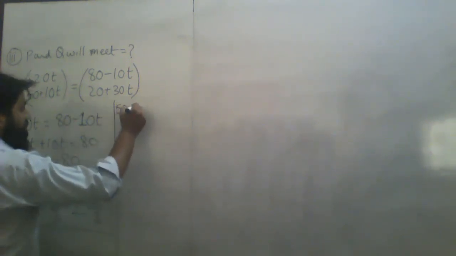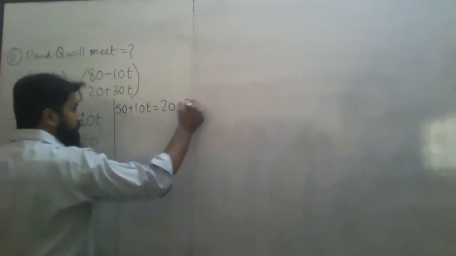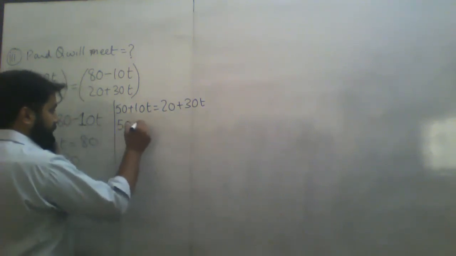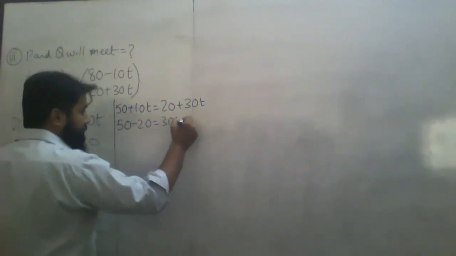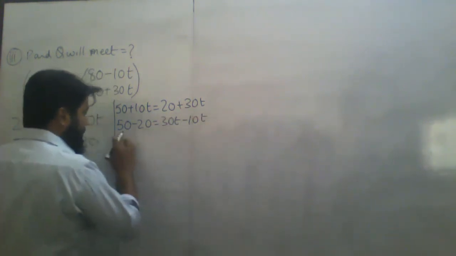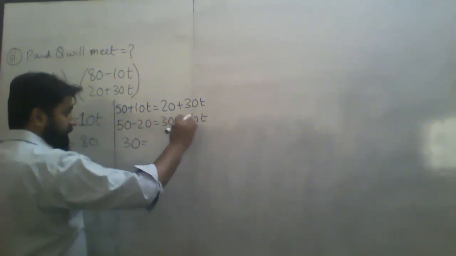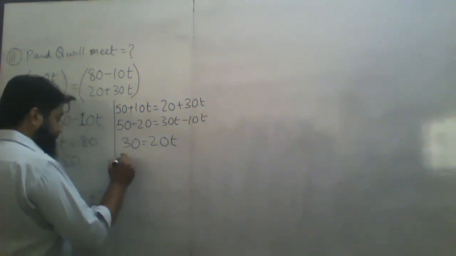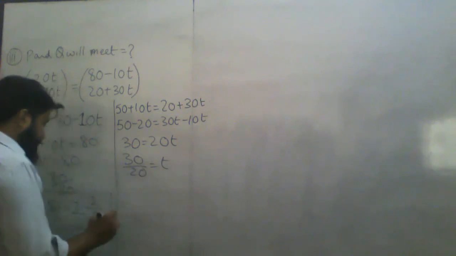So comparing them, 50 plus 10t equals 20 plus 30t. So 50 minus 20 equals 30t minus 10t. 50 minus 20 will be 30, and 30 minus 10 will be 20t. So 30 over 20 equals t.